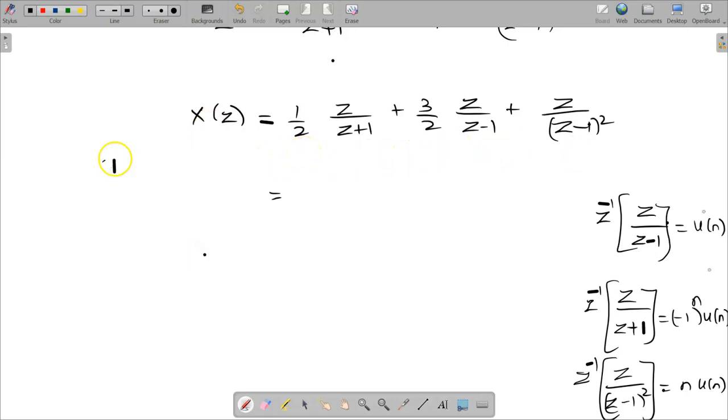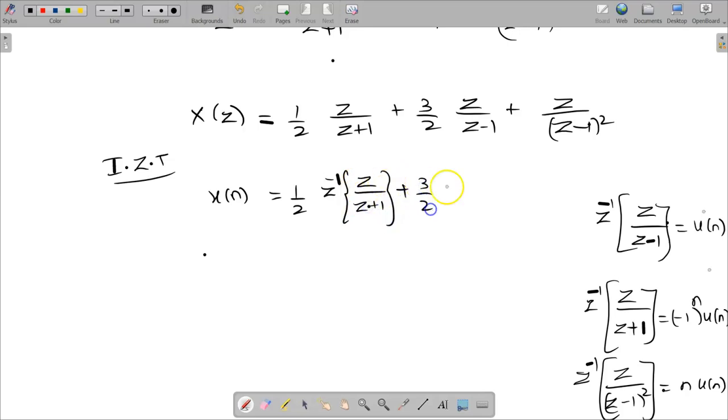So when we take inverse z transform on both sides, x of z will become x of n, which is equal to 1 by 2 z inverse of z by z plus 1, similarly plus 3 by 2 z inverse of z by z minus 1, plus z inverse of z by z minus 1 the whole square.